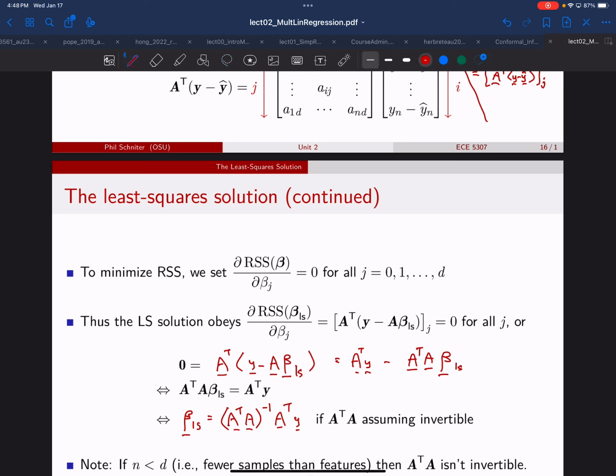So for example, if A is tall, then just to draw a little picture, A transpose would be wide, A would be tall, and you do that matrix multiply and you get a square matrix of that size, right? That's the typical case in machine learning.